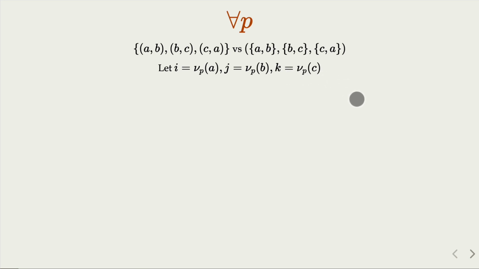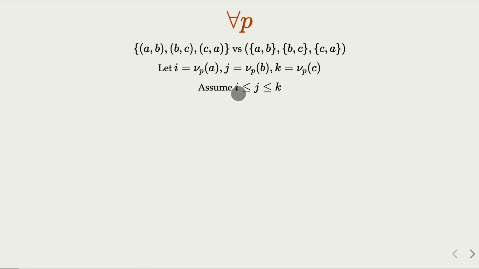Now since in our equation A, B, C are symmetrical, it is okay to assume i, j, k are such that i is the smallest, k is the biggest, and j is in the middle, right? They could be equal to each other, of course.